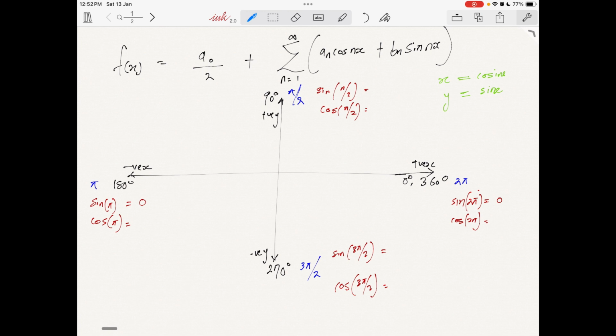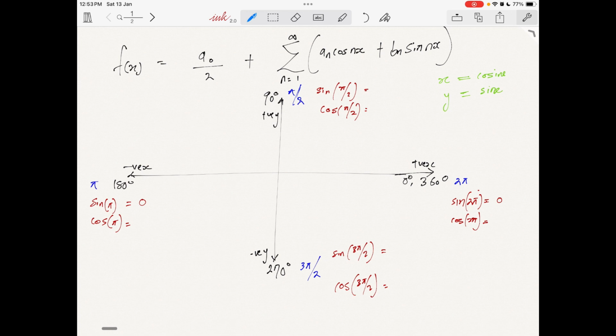Now cos 2 pi and cos pi are on the x-axis, and since the x-axis belongs to the cosine, they will have their values. If we look at 2 pi, it stands on the positive x and pi stands on the negative x.